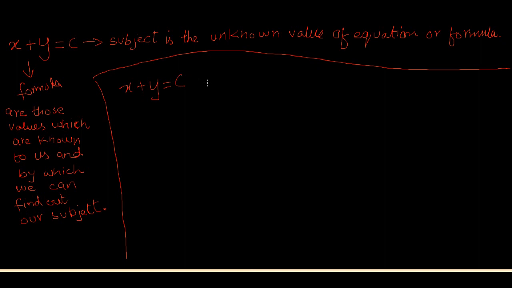But it could happen that we have the value of x equal to 5 and c equal to 2, but we don't have the value of y, so y is an unknown value.